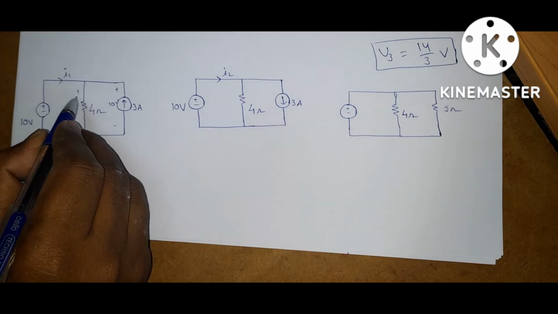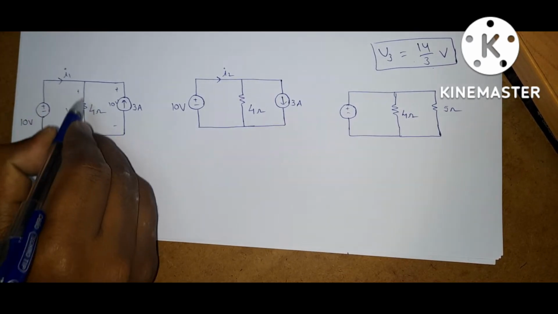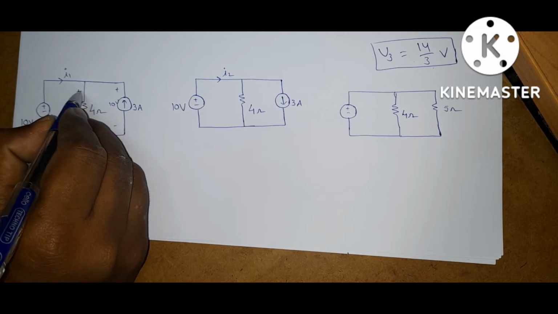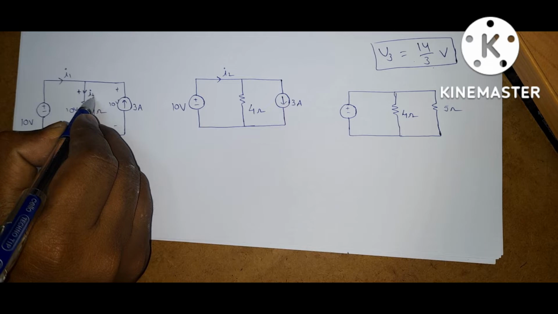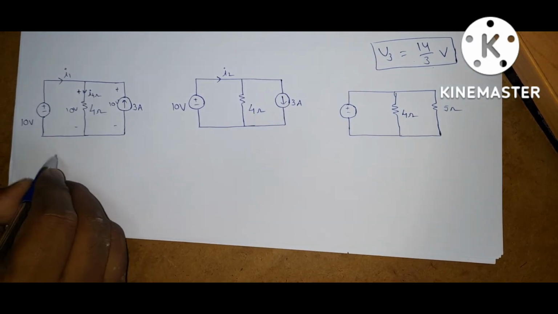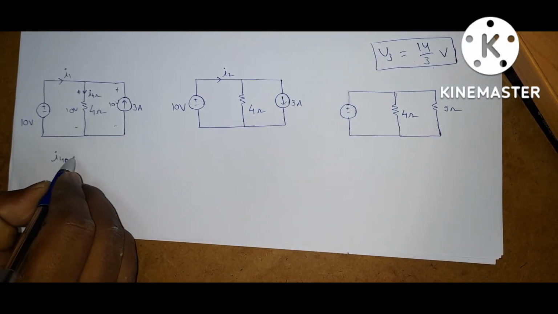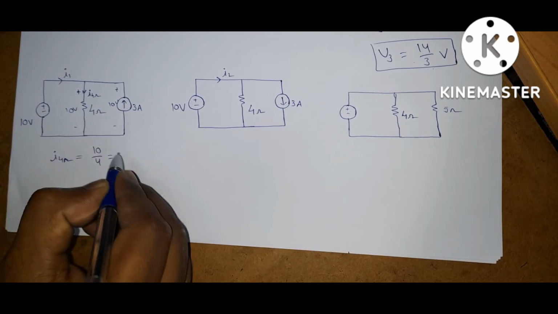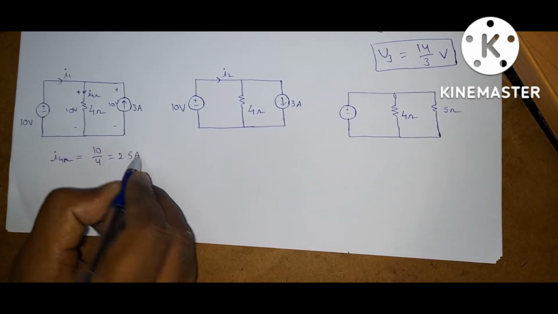Now according to Ohm's law, consider the current flowing through this 4 ohm resistor. It is positive here, so current enters here. Let it be I4 ohm. I4 ohm is equal to V by R, 10 by 4, 2.5 amperes.